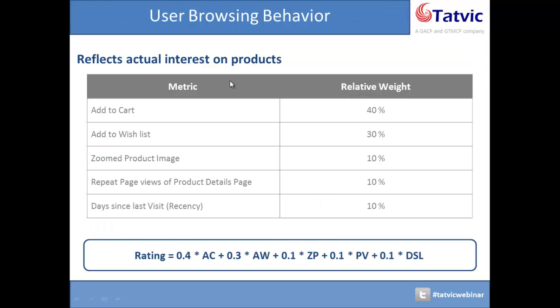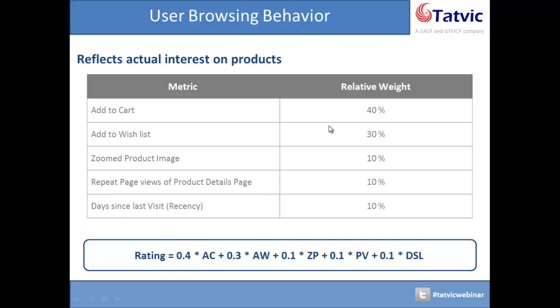So let me talk about which metrics we can use in order to derive the ratings. These are the metrics: add to cart, which represents how many times the user has added the product to the cart; add to wish list, which means whether the user has added the product to the wish list or not; zoom product image, repeat page views of the product detail page, and days since last visit.